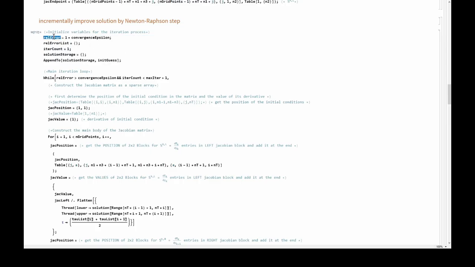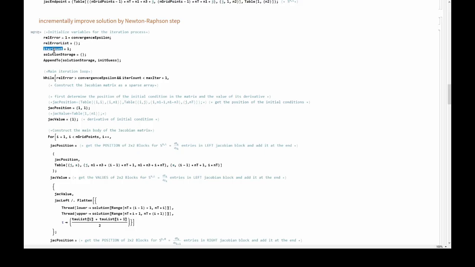We have to have some loss function, basically some criterion which we measure. If our relative error is sufficiently small, we say we stop, this is good enough. We have to initialize this somehow, and we have the relative error list, which just saves all the relative errors to keep track of the improvement.